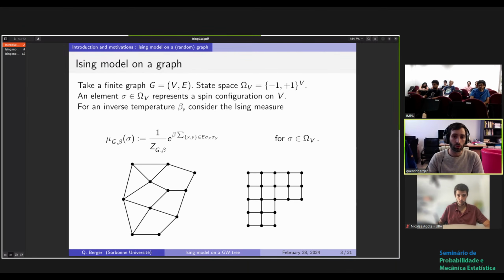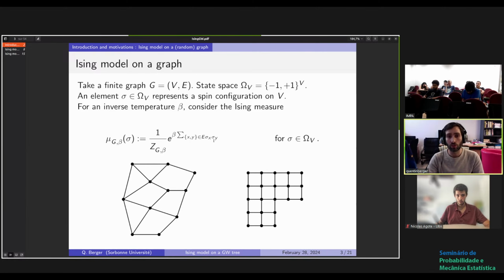You put some inverse temperature beta, and the measure gives a weight exponential of beta times the sum over neighboring vertices of sigma_x times sigma_y. I guess that everyone in the room knows about the Ising model, and it favors configurations which have spins that are aligned.